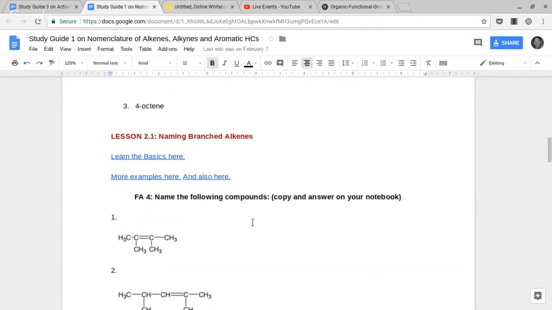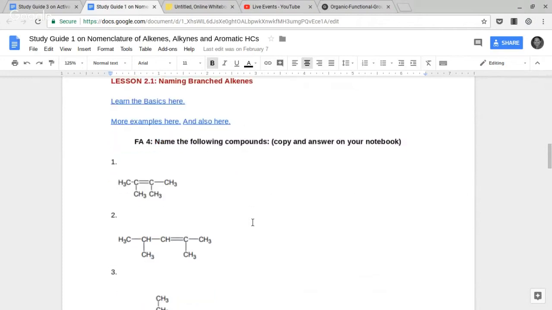In naming branched alkenes, always remember that you have to choose the parent. The parent may not necessarily be the longest, but the parent should contain the double or the triple bond. The rest that doesn't belong to the parent, you treat as branches. When you number the parent, you number it from where the double bond is nearest.